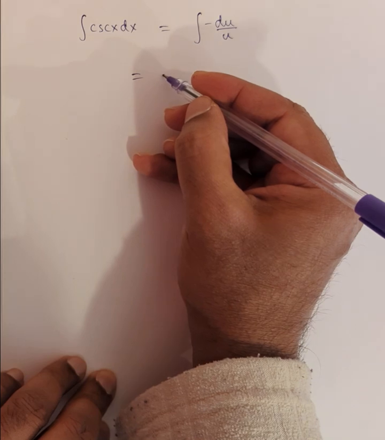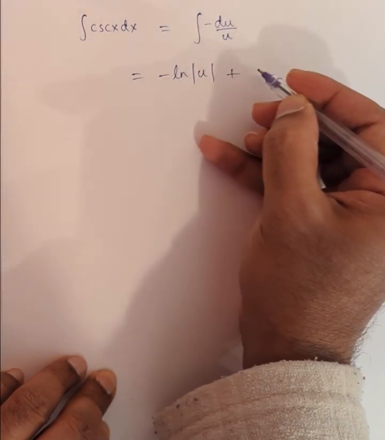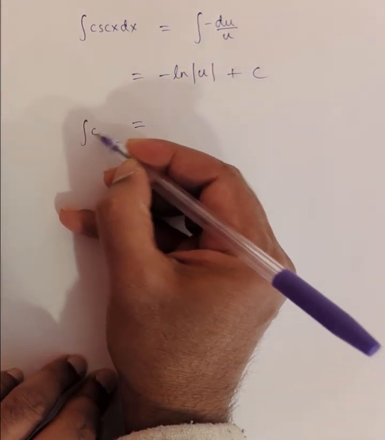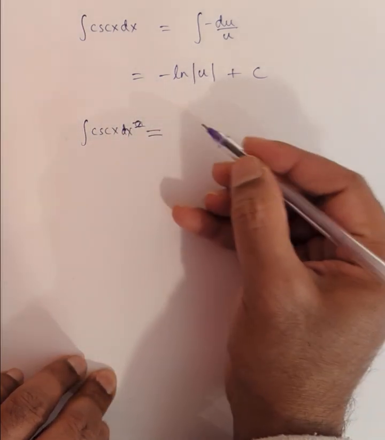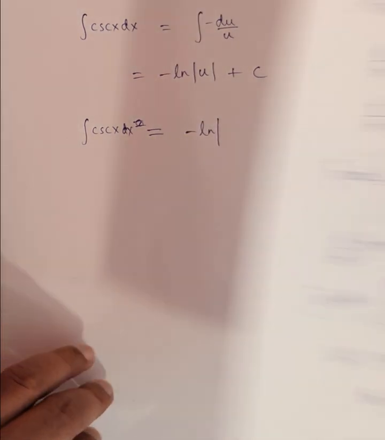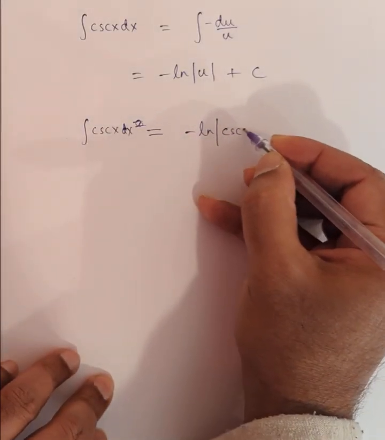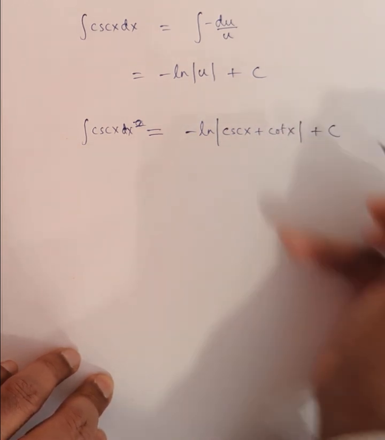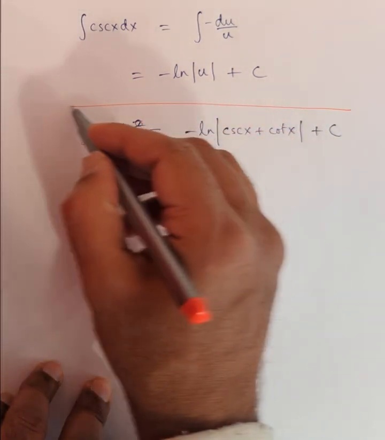So this happens to be negative natural log of the absolute value of u plus c, and converting this back, let me write down: the integral of cosecant x dx is equal to negative natural log, and u was cosecant x plus cotangent x, so negative natural log of the absolute value of cosecant x plus cotangent x, plus c. So that's our answer for the integral of cosecant x.